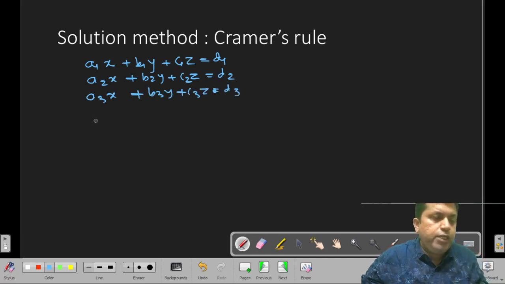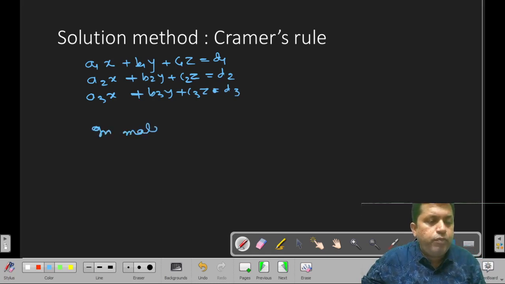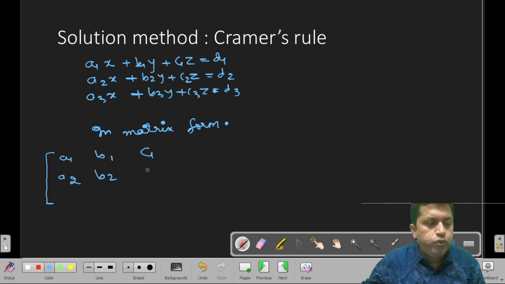Let us write in matrix form. In matrix form, the first equation is a1 b1 c1, second equation a2 b2 c2, third equation a3 b3 c3.